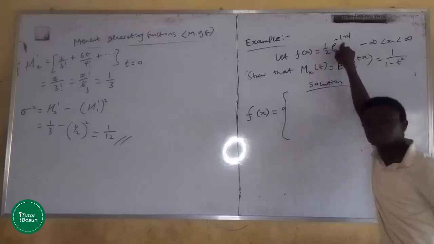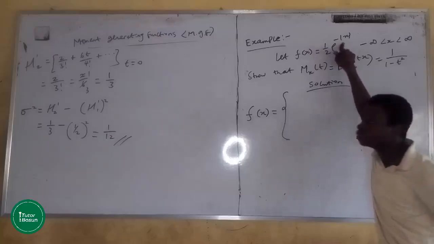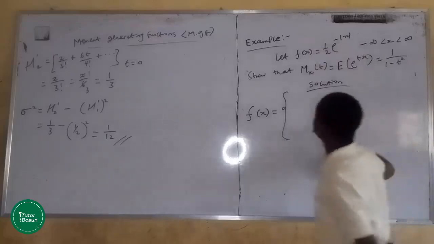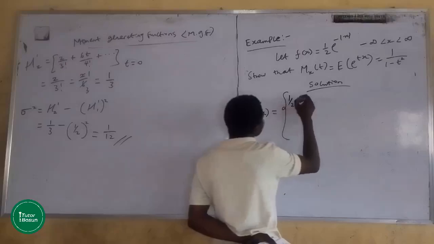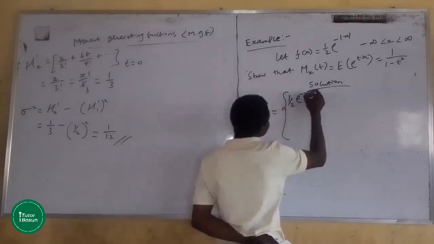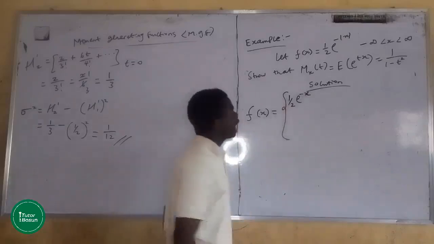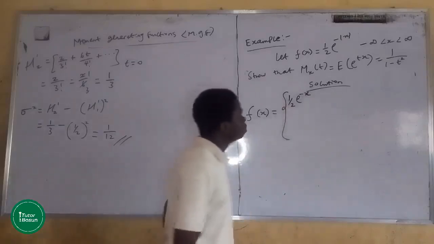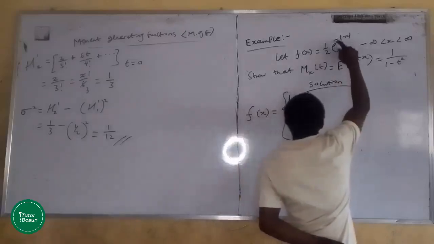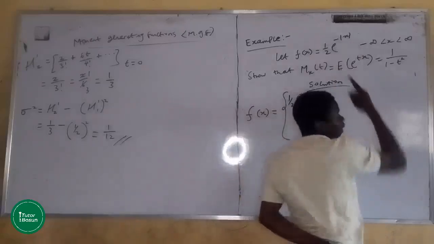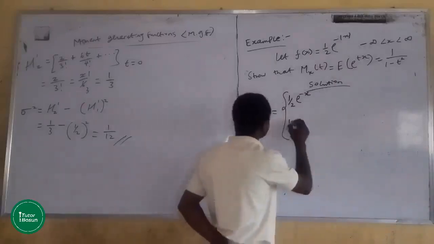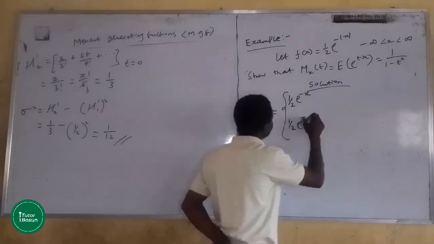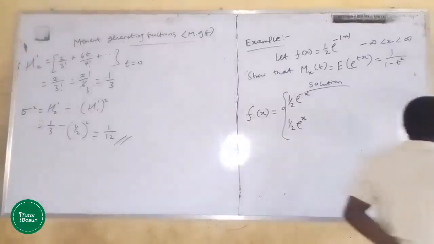So when x is positive, we have 1/2 exponential minus x. And when x is negative, minus times minus becomes plus. That will be 1/2 exponential x.